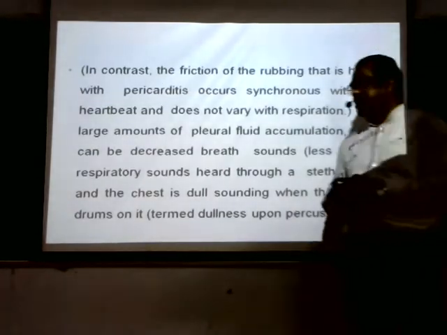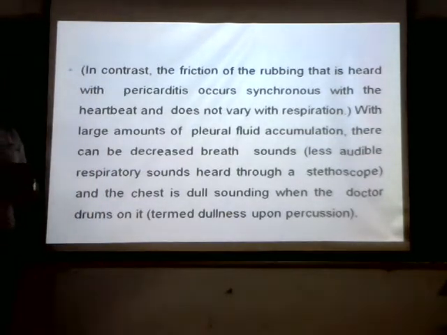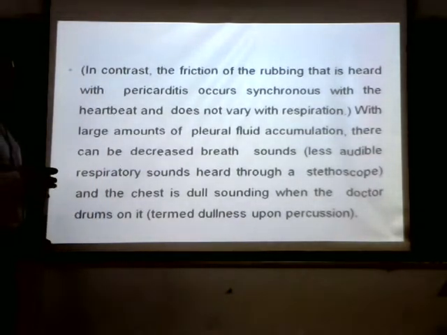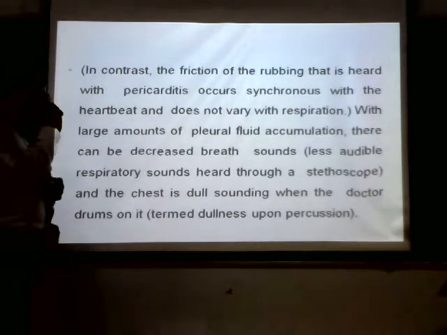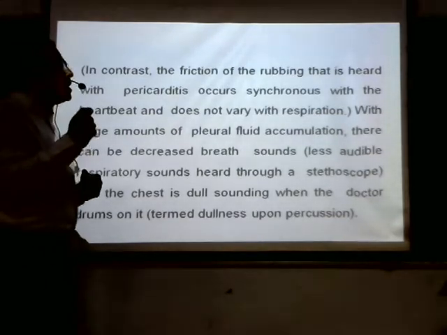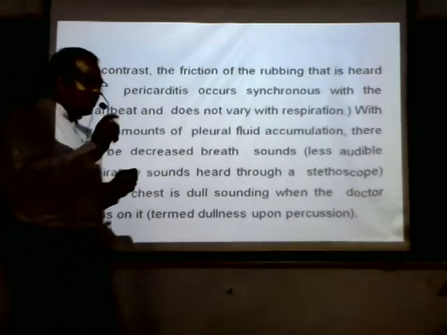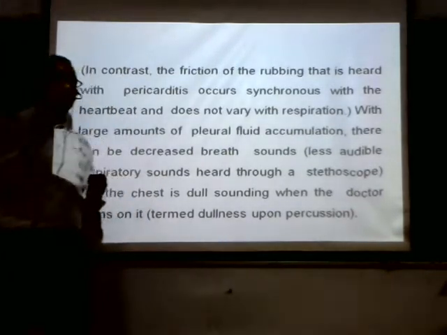In comparison, the friction rub heard in pericarditis occurs synchronous with the heartbeat. It does not vary with the respiration. So in order to differentiate the sound produced by pericarditis from that due to pleurisy, you need to listen to the sound continuously.